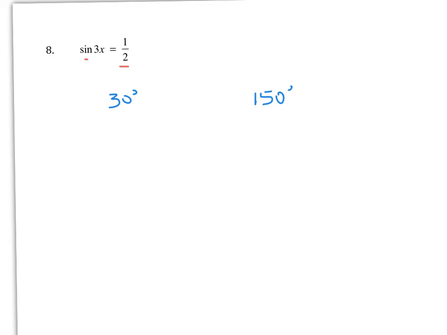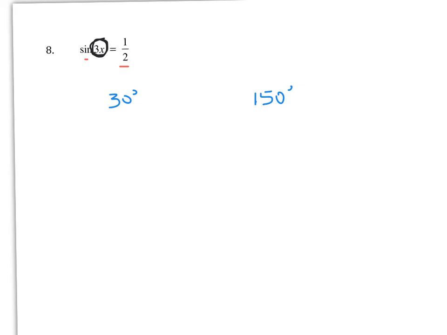All right, but we want to find all of the angles where this occurs, and because of this situation in which our period length is changing, this affects how many values we have. We are going to have 3 times as many, and I'm going to show you how to get that.